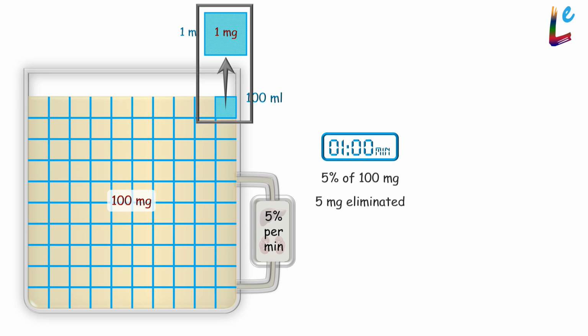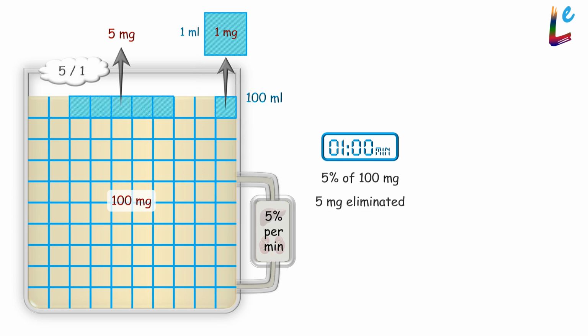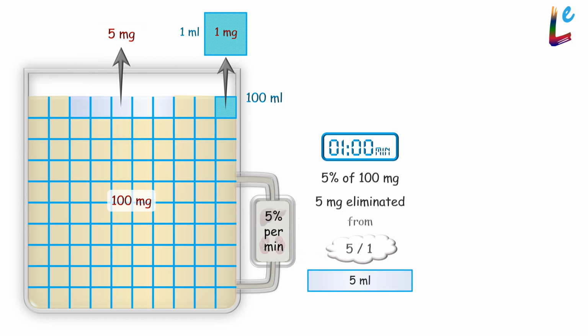Here, 1 milligram is present in 1 square, so 5 milligrams would be present in 5 divided by 1, that is 5 squares. So, when 5 milligrams is eliminated, we can assume that the drug is removed from 5 squares. In other words, we can assume that 5 ml of water is completely cleared of the drug.